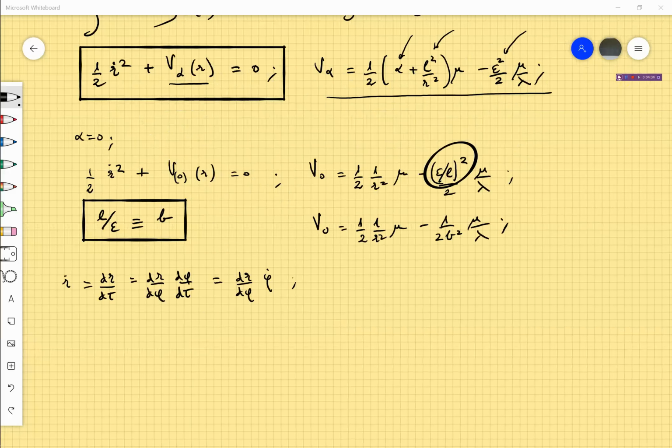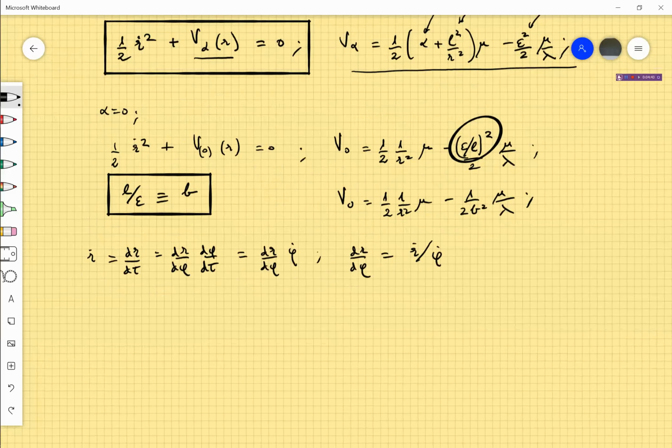So dr d phi is just r dot divided by phi dot. Remember that when we rescale tau by L, there is a factor upstairs and a factor downstairs, exactly the same. So this expression will not change, but phi dot in this new rescaled tau will be given by 1 over R squared only.